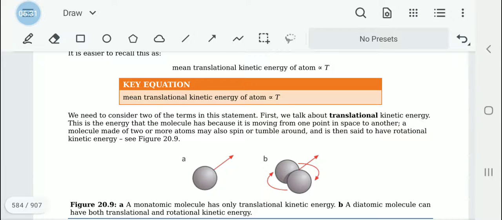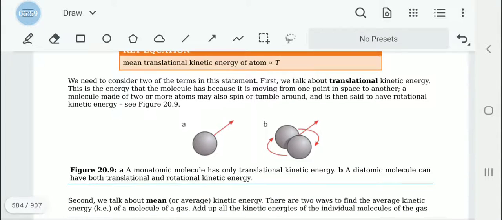That is known as rotational kinetic energy. So we have translational kinetic energy that is going from one place to another, and then rotational kinetic energy. So we have to understand the difference between these two. Translational kinetic energy, when you go to university levels, you will figure out that translational kinetic energy is what is being transferred. But rotational kinetic energy is going to be related to the self.